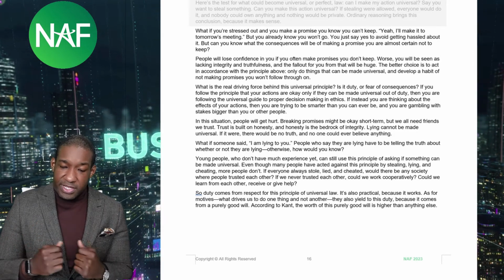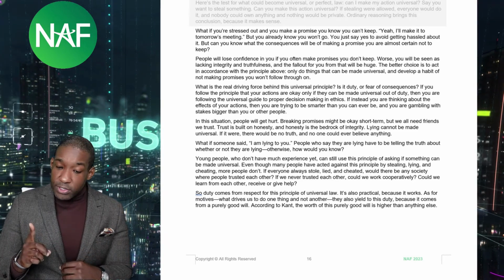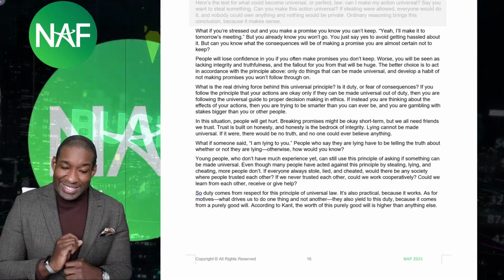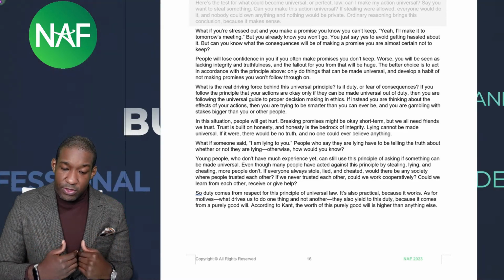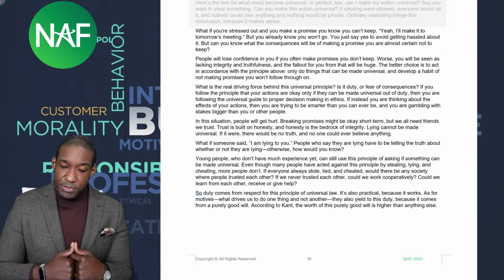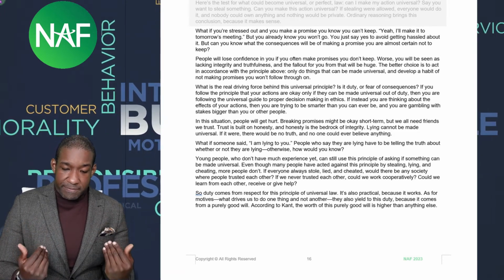People will lose confidence in you if you often make promises you don't keep. Worse, you will be seen as lacking integrity and truthfulness, and the fallout for you from that will be huge. The better choice is to act in accordance with the principles above.